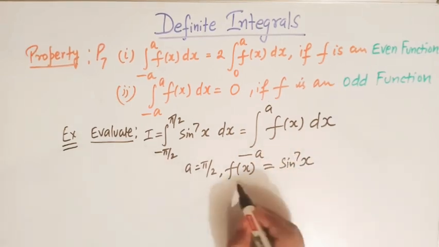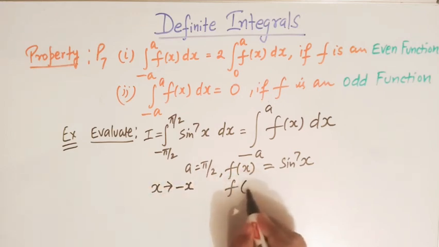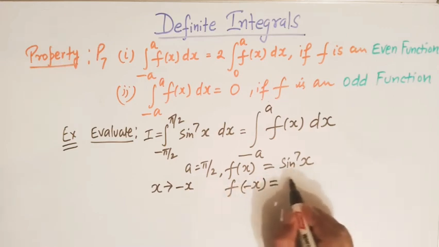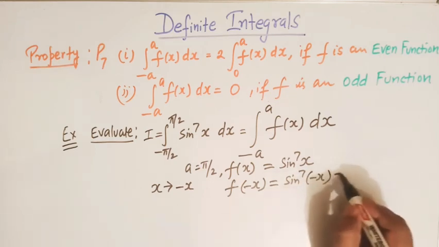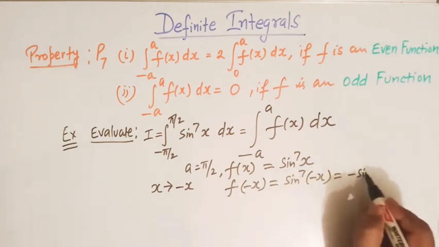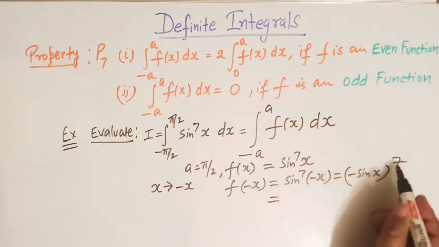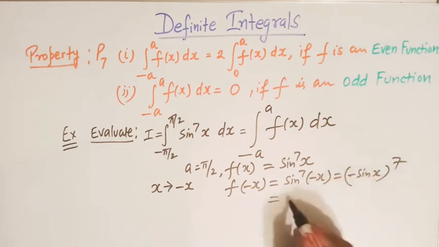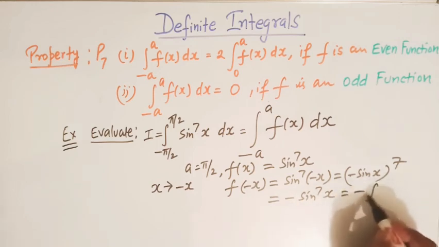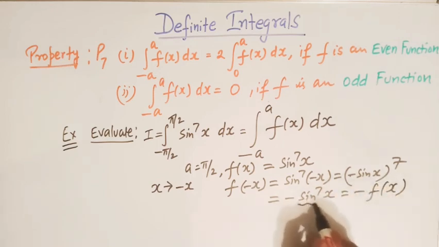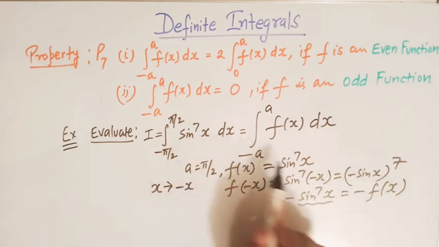Clear? Now here, if we replace x by minus x, we have f of minus x is equal to sine 7 minus x. Now this is minus of sine x raised to 7, and this is the odd power of negative sign, so we have minus sine 7x, which is equal to minus of f of x, because sine raised to 7 and x is f of x.